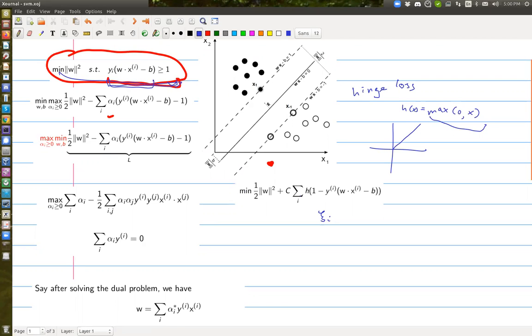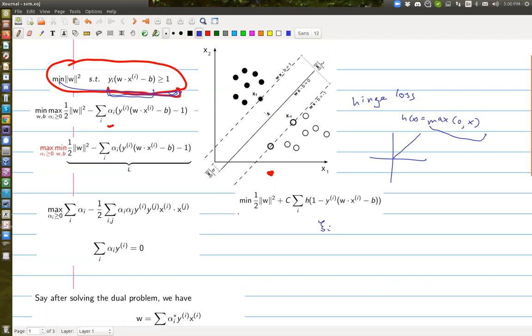So I will replace this problem a little bit. I write it as a sum of ξi, plus 1/2 w squared here.